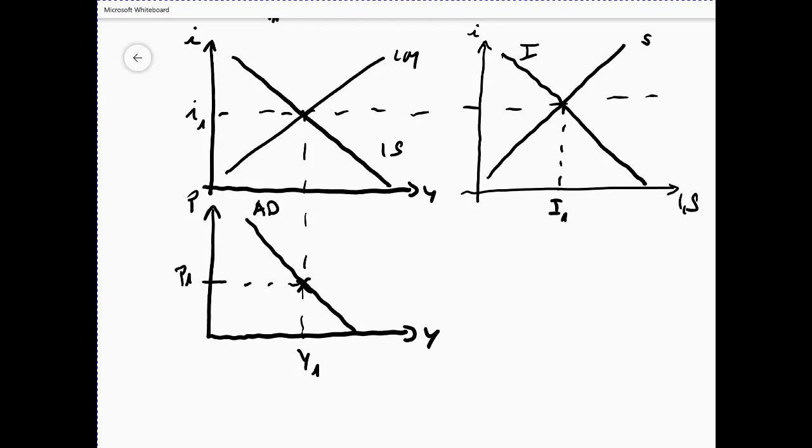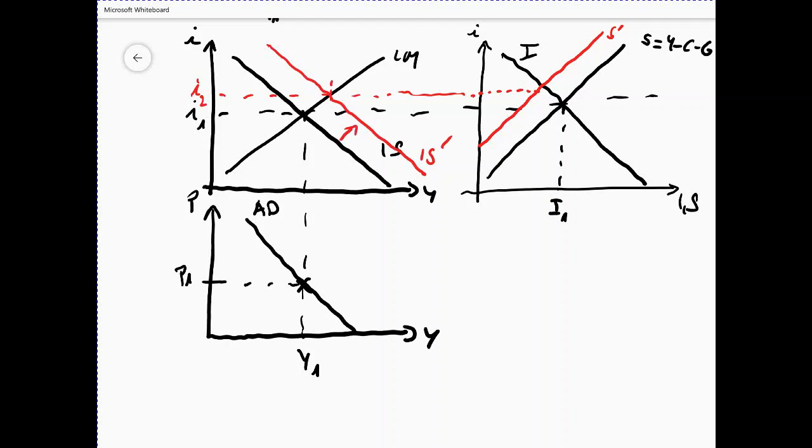So what is going to happen if we increase G? We know that this S is Y minus C minus G, so obviously there must be a leftward shift here. So this is going to be the new savings. So the equilibrium in the goods market will be restored at a higher level, I2, and that is also only possible, of course, as you can see, if we had a rightward shift in the IS.